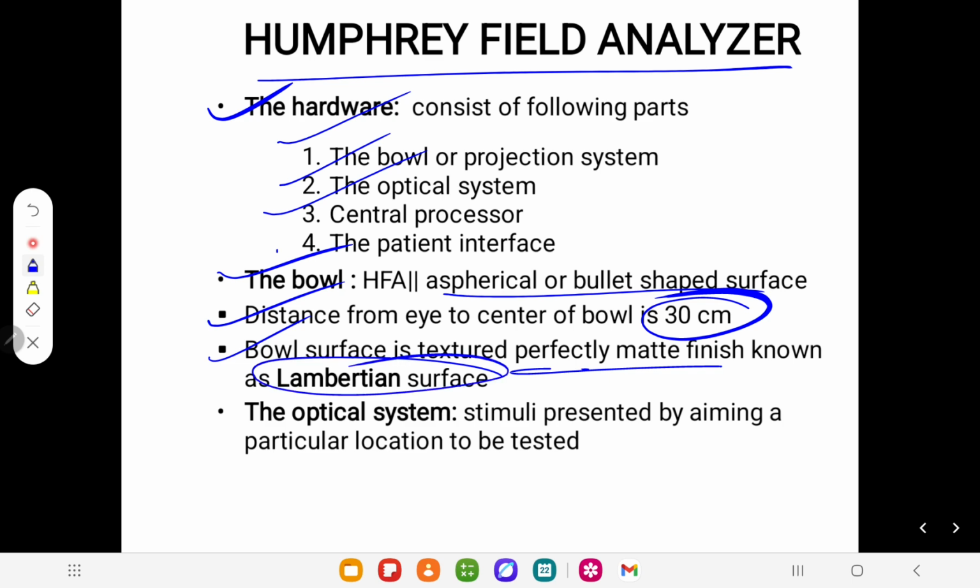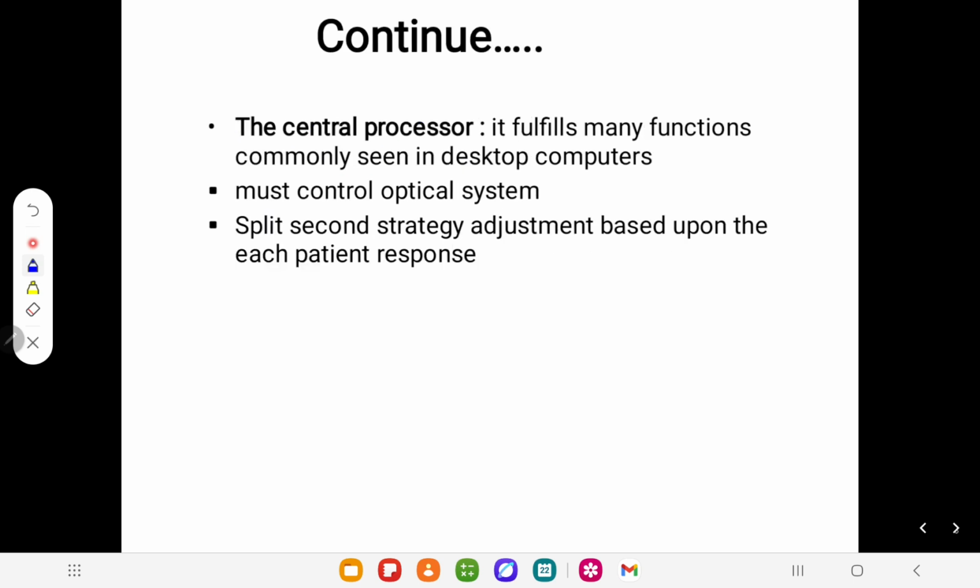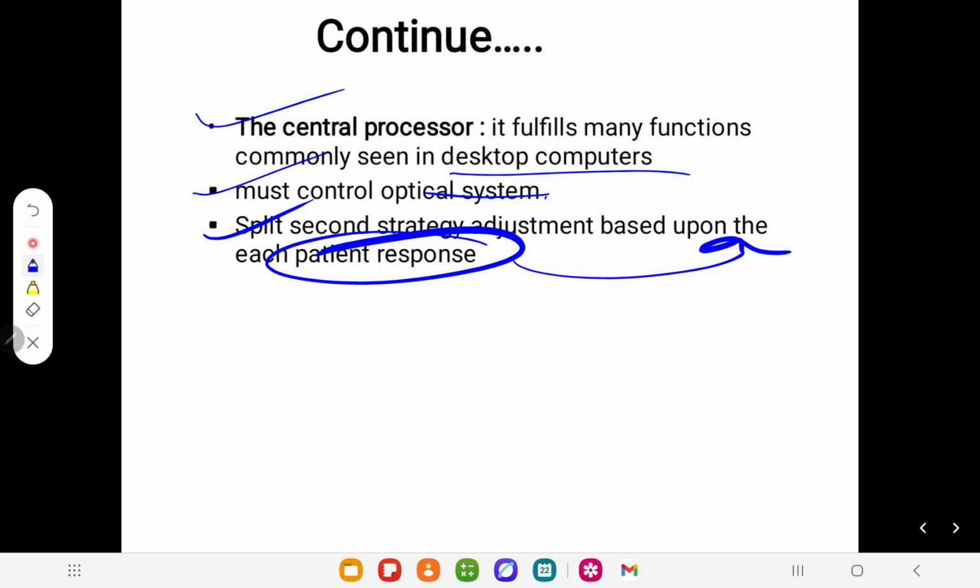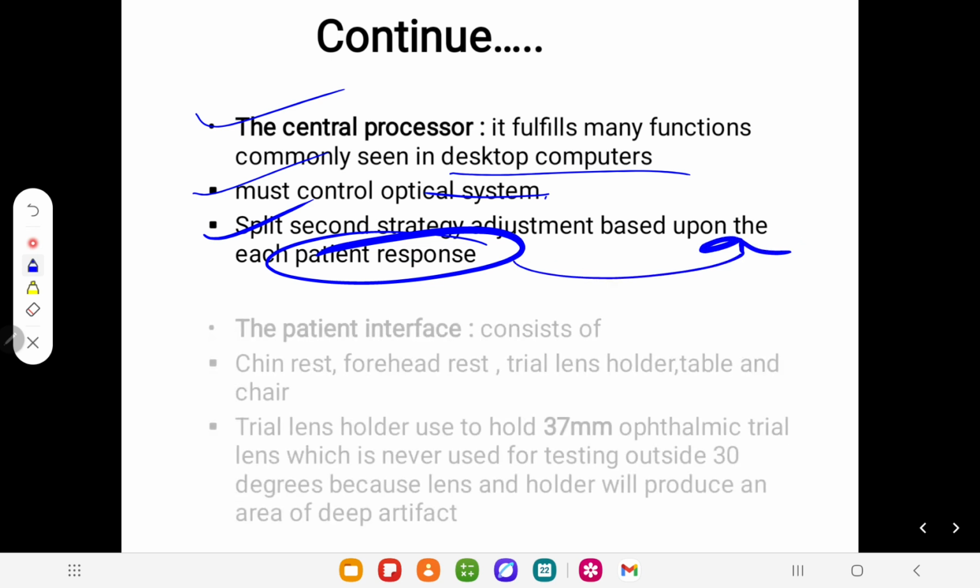I have already discussed it in photometry. The optical system presents the stimulus aimed at a particular location to be tested. We have to know the particular location and we will test it. Then the central processing is the same as a desktop computer and must control the optical system, with split-second strategy adjustment based on each patient's response. According to the patient's response, the computer adjusts and presents the stimulus.